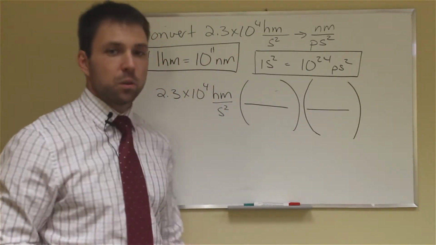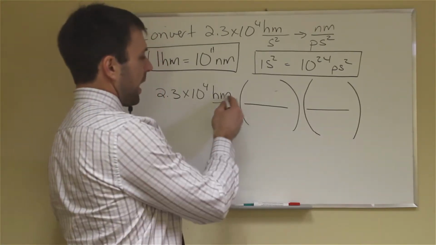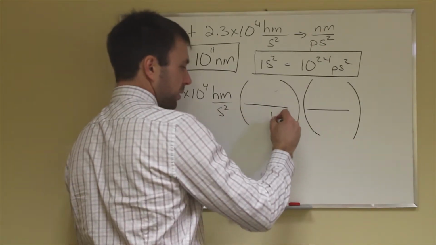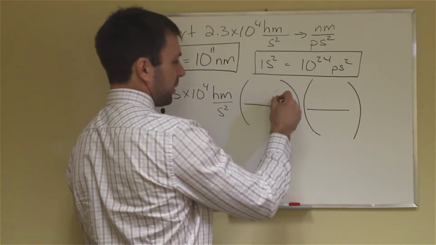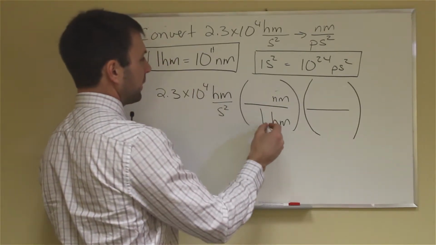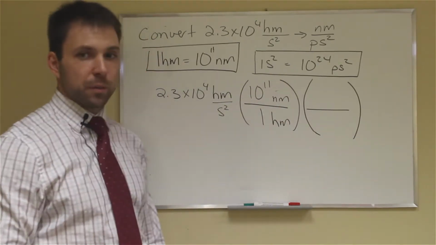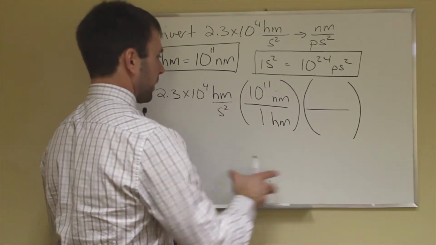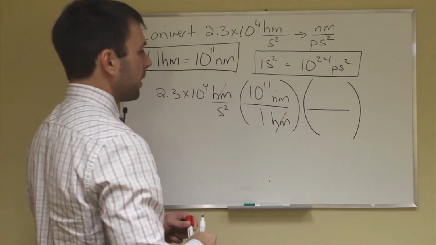And I usually deal with my units in my numerator first. So I have hectometers on top. I want those to cancel out to become nanometers. So I put hectometers on the bottom. If hectometers are on the bottom, that means nanometers must be on top. And using this conversion factor, I said 1 hectometer is equal to 10 to the 11 nanometers. And I can quickly see that my hectometers will cancel out with my hectometers.